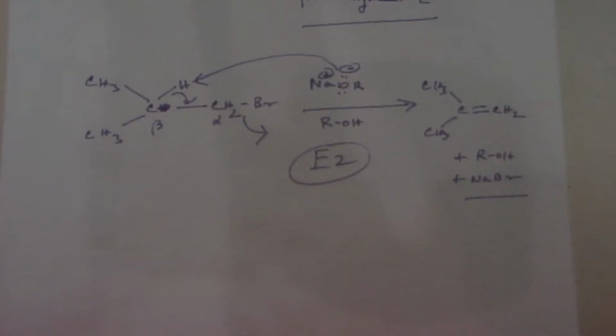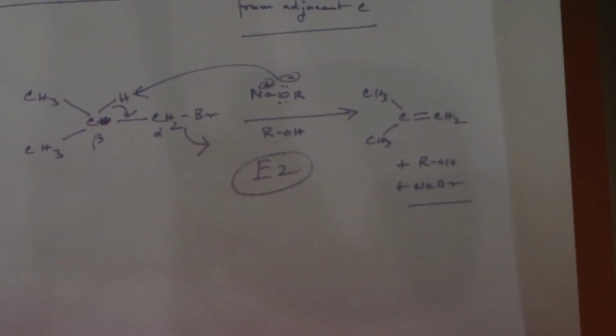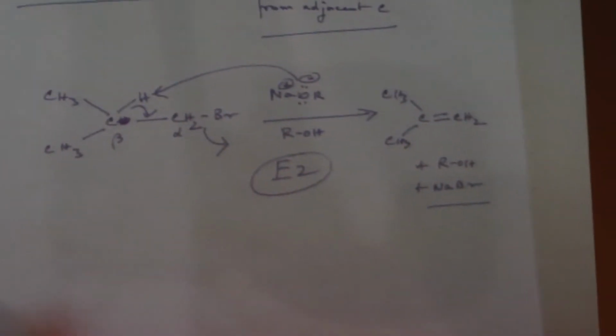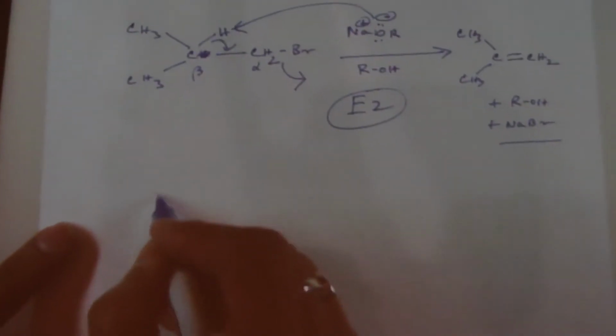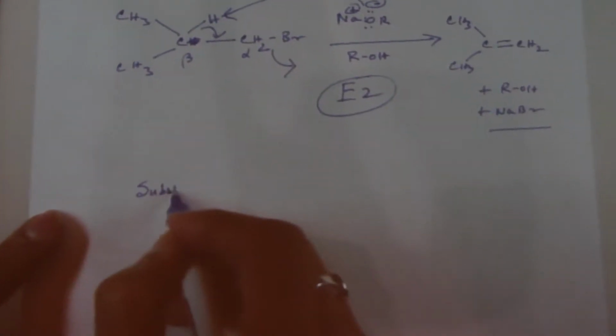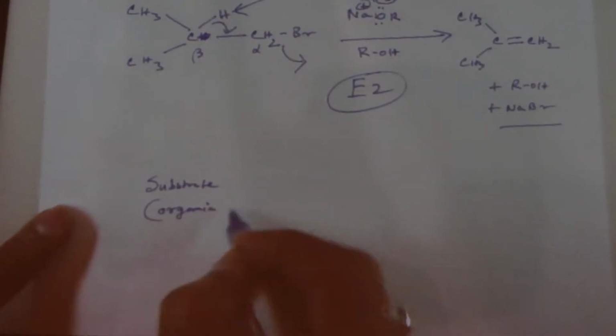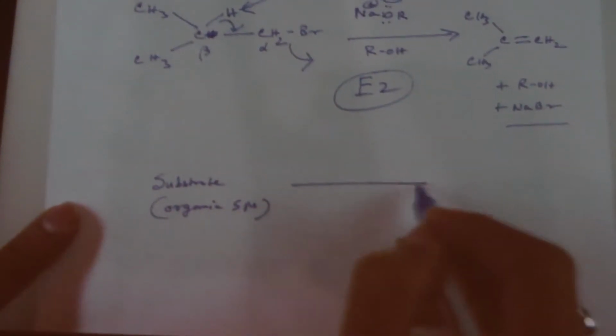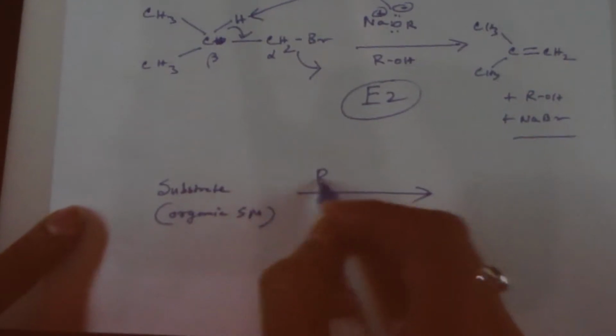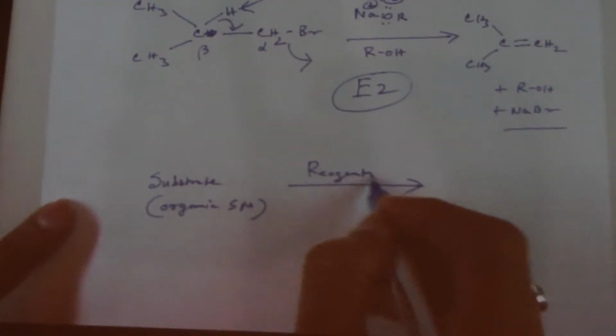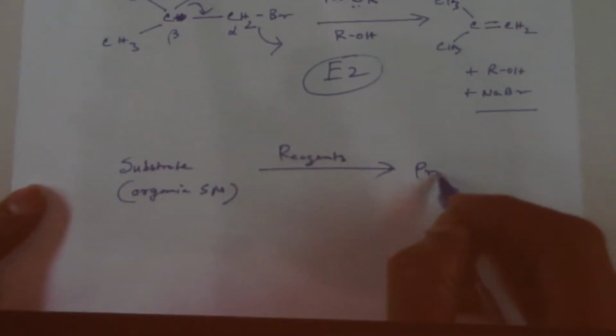Now, typically in organic reactions, even though I have written ROH and NaBr, of course they are formed, but most of the time in organic reactions, you start with a substrate, which is the organic starting material. We use an arrow, we use the reagents, and use the final product here.